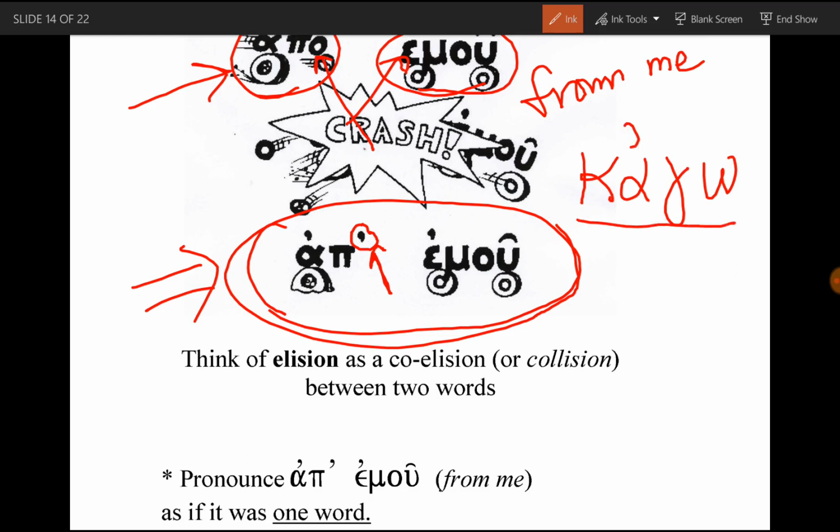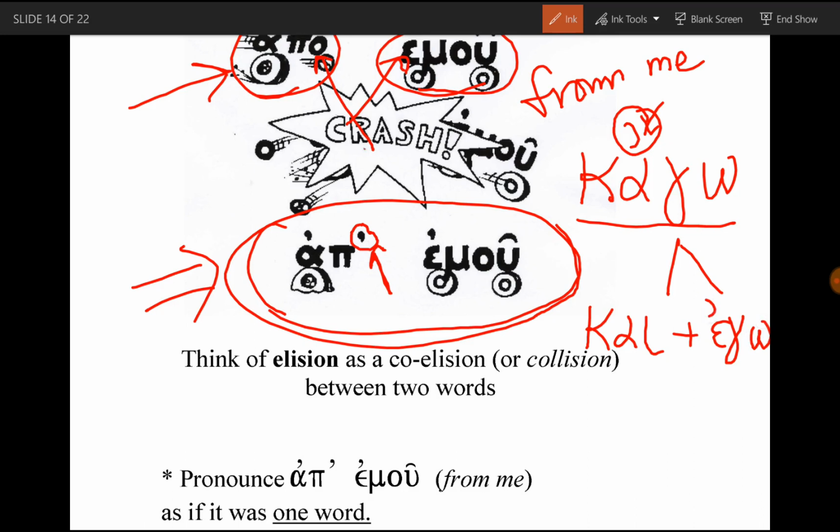Kago. See, there's an apostrophe here. And usually you think that, well, that looks awfully like a smooth breathing mark, but it's not, because we know that breathing marks only occur when vowels begin a word. Here we have something that looks like a breathing mark, but it's an apostrophe that's above a vowel, but the vowel is not the first letter of a word. So this is actually another example of elision, where the Greek word kai and the Greek word ego.